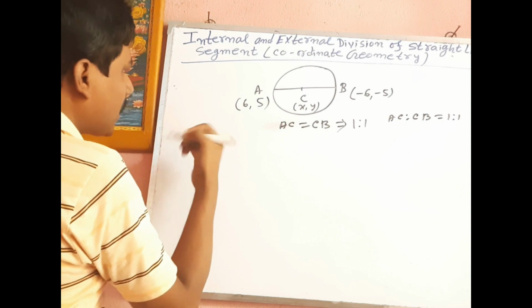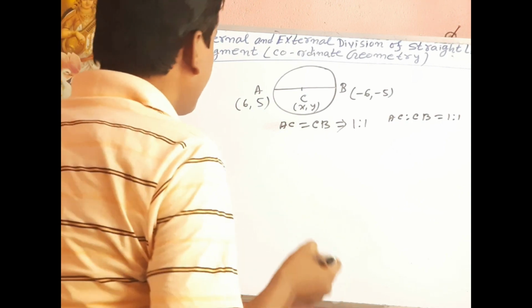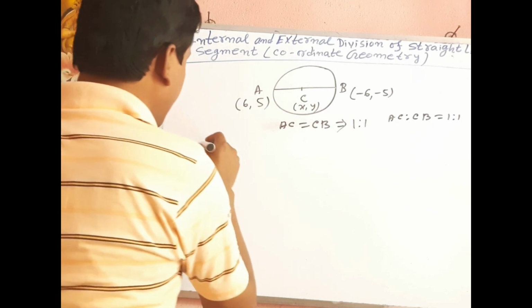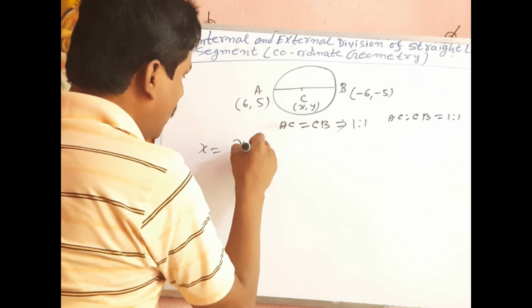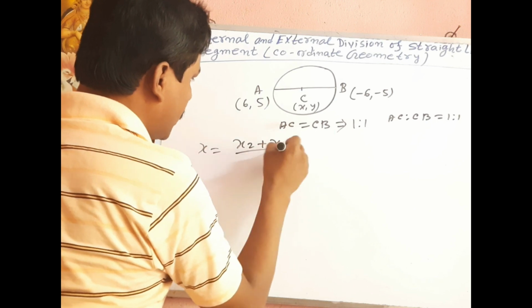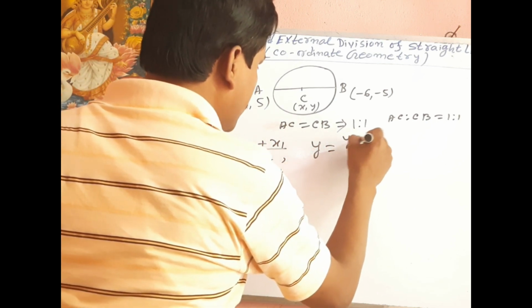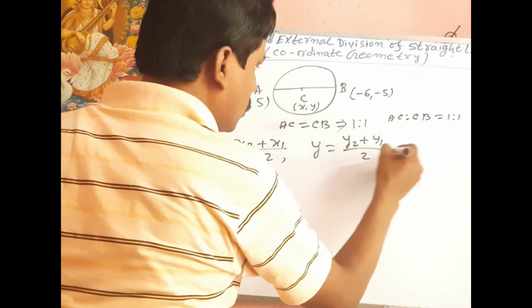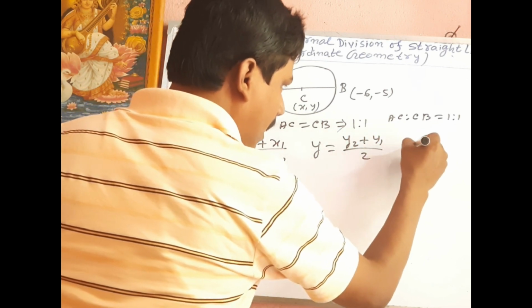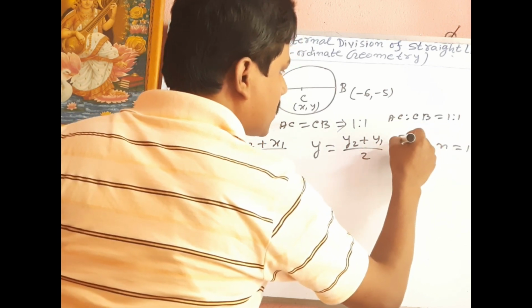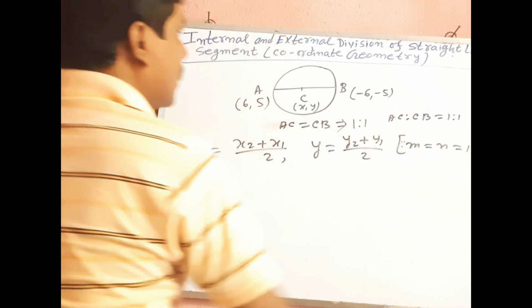So by the internal formula, when m is equal to 1 and n is equal to 1, we get x is equal to (x2 plus x1) divided by 2, y is equal to (y2 plus y1) divided by 2, since this is given.